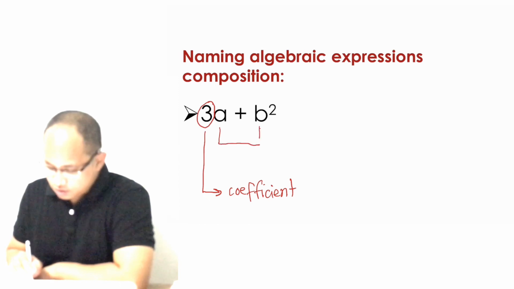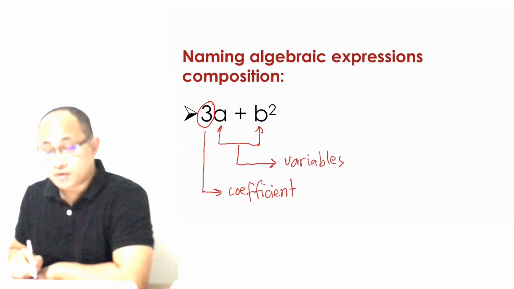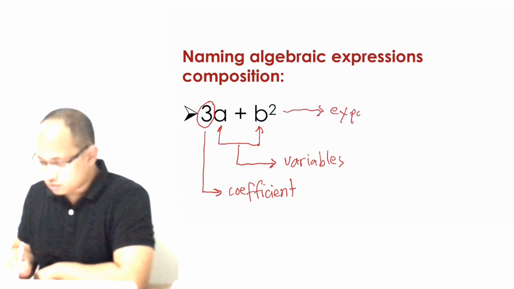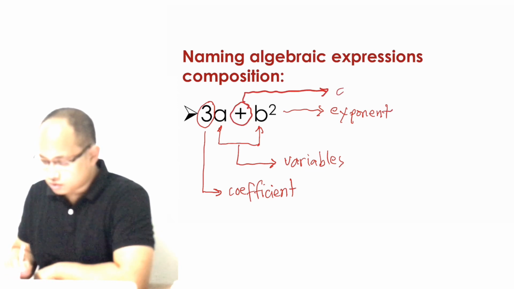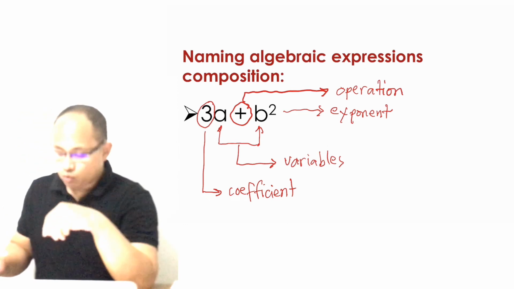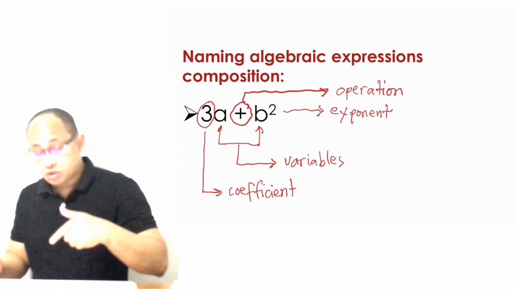A and B here are considered to be our variables. This number 2 here is our exponent, and this one here is our operation.